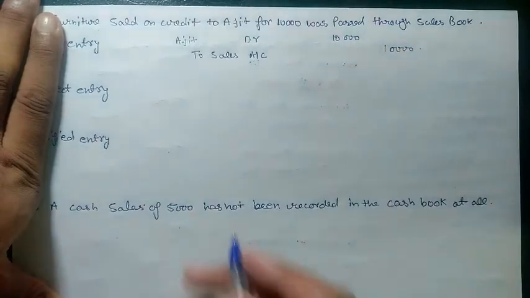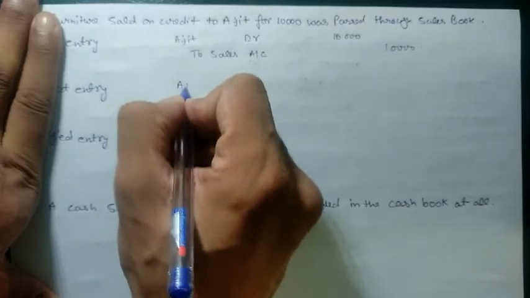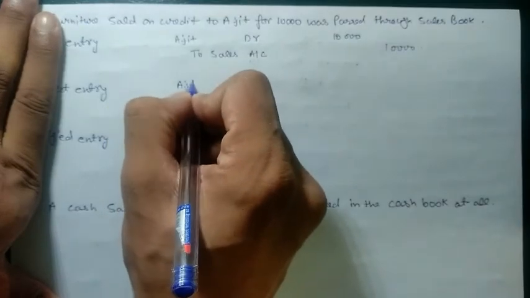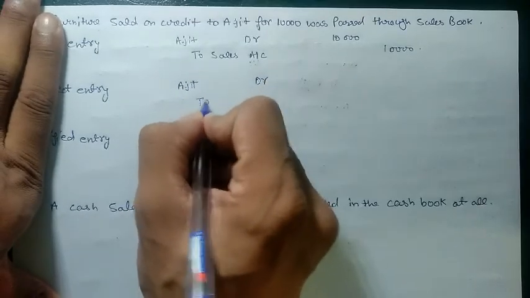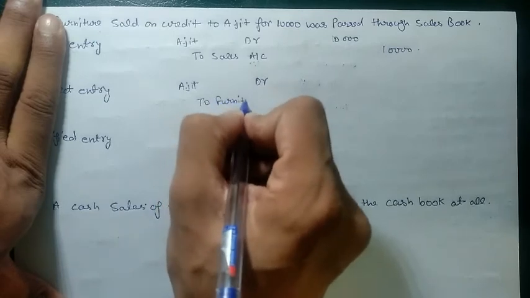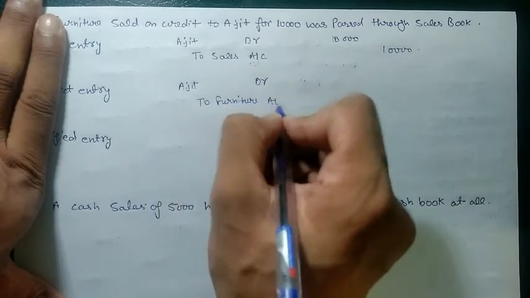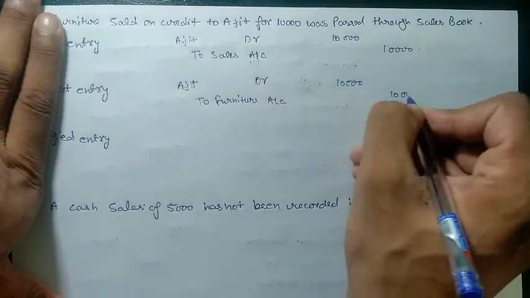What would be the correct entry that we need to make? That is, Ajit debit to furniture account by 10,000.